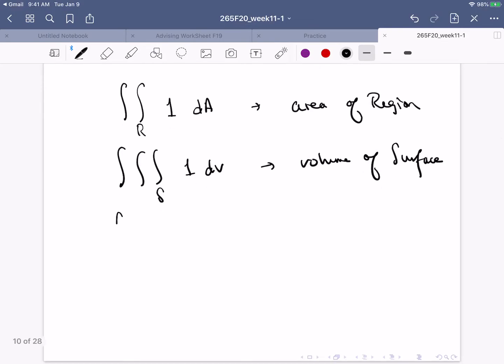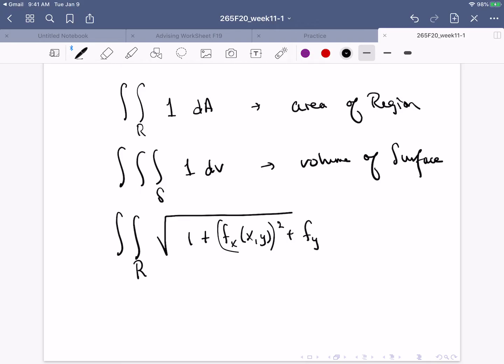We can integrate over a region of the square root of 1 plus the partial derivative of f with respect to x squared plus the partial derivative of f with respect to y squared, integrating over the area, and that would give us the surface area.